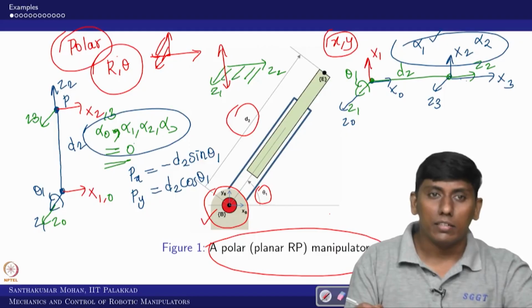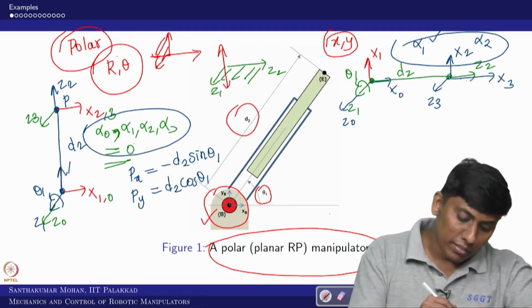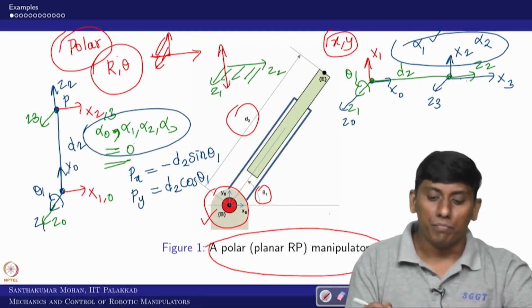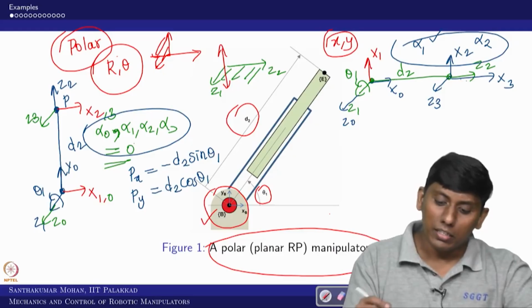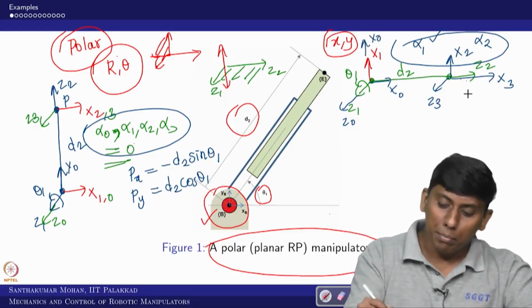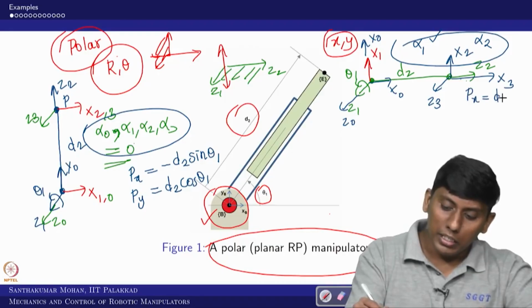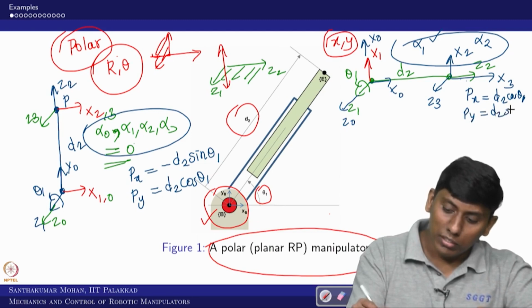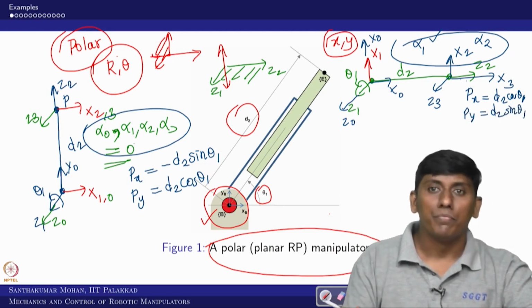That is the case because your y0 is coming this way. In this case the y0 is going upward. So the Px would be d2 cos theta 1, and Py is d2 sine theta 1, right.